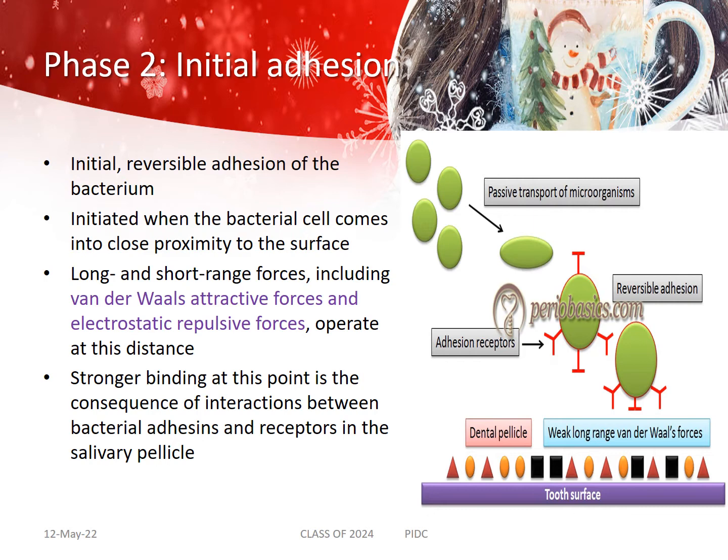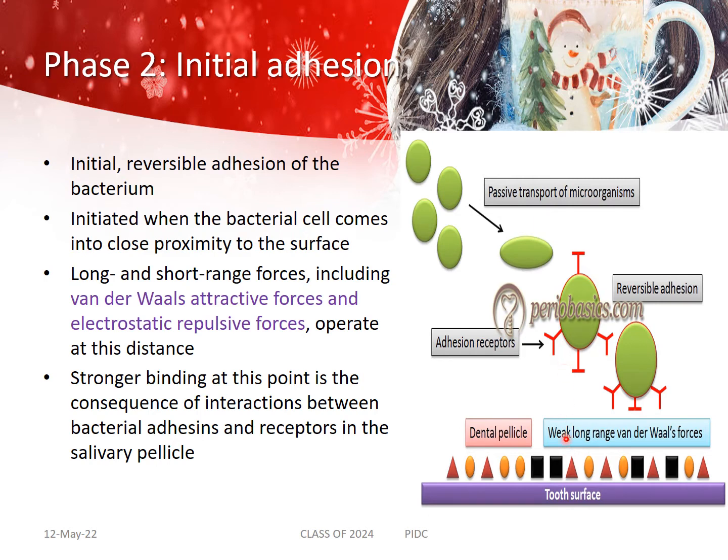When these bacteria come into contact with the receptors of the dental pellicle, the adhesion receptors which are triangular in shape will bind to the receptors on the pellicle which are triangular in shape, and those which have a flat end will bind to the receptors which have a flat end on the pellicle.